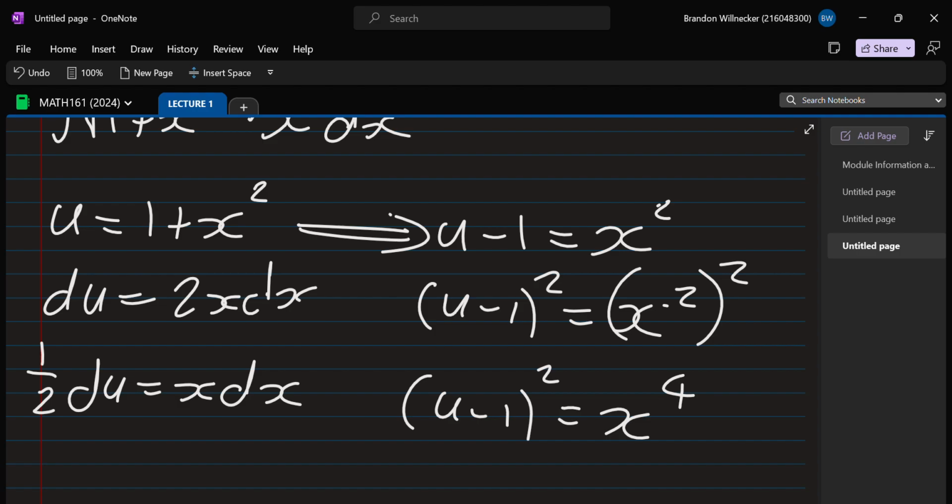Why is that important? Because on the right-hand side, we can multiply by x to the 4. That's fine, that's what we need. On the left-hand side, that's in terms of u. We don't want x's on the left-hand side, we want u's on the left-hand side. But that's fine, because x to the 4 can be written as u minus 1 squared. So, on the left-hand side, we multiply by u minus 1 squared.